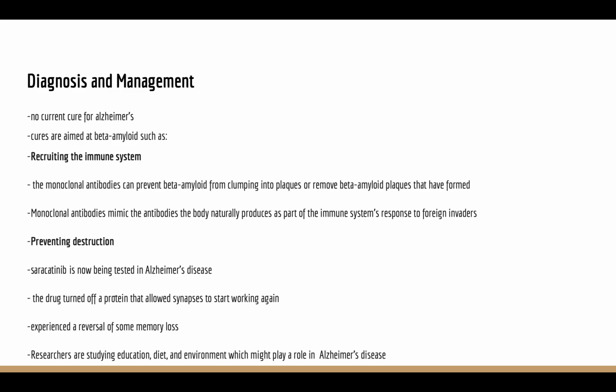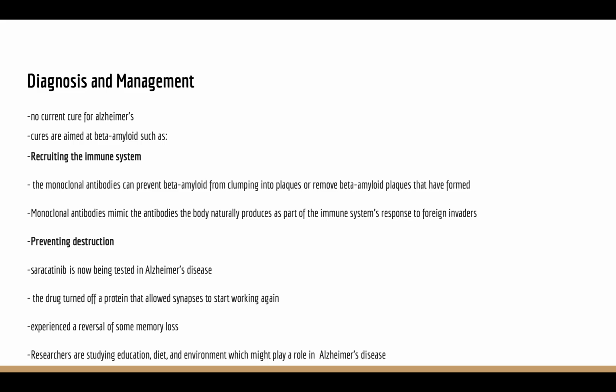So there's no current cure for Alzheimer's, unfortunately, but there are two ways to help prevent it. One is recruiting the immune system, which removes the plaques that have formed, by stimulating the immune system, because the plaques are foreign invaders.